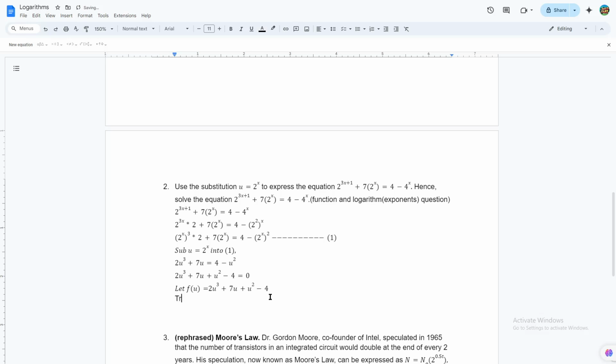So we need to try. Again, you can use your calculator to find the solutions for u. I've done that before, and u equals half is one of the solutions.